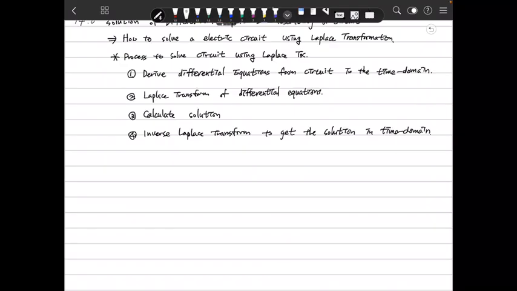So this is a simple process of using the Laplace transform.